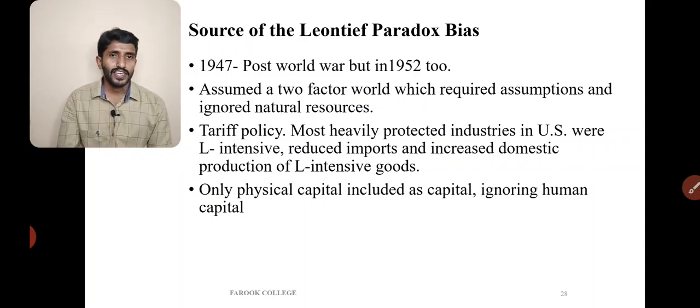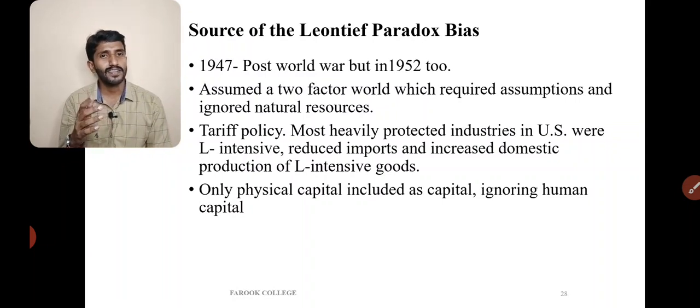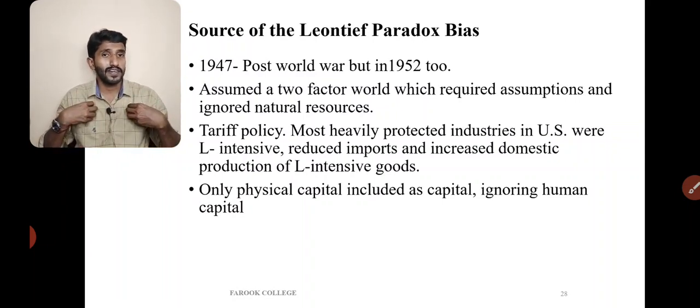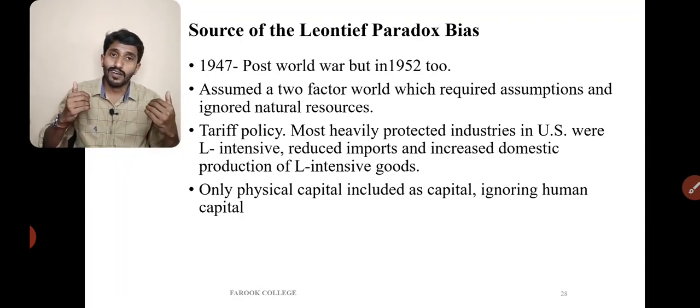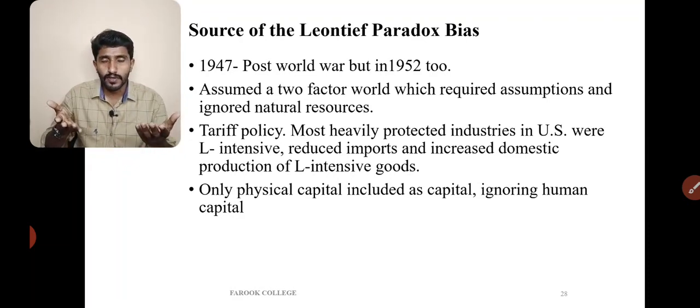Then another explanation for the Leontief bias is that only physical capital is included here as capital, not human capital. Human capital means that humans might be more productive by getting more skill and training through education. So the labor might be more efficient.